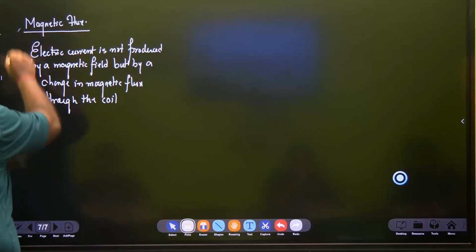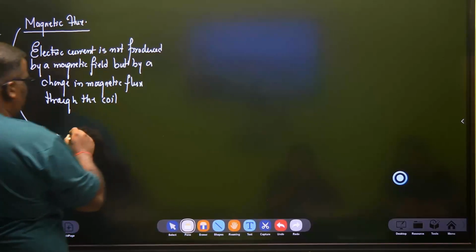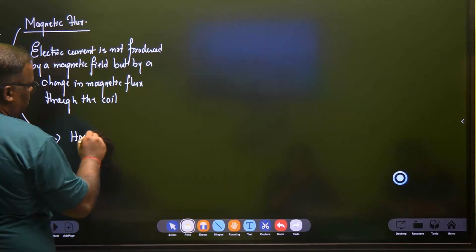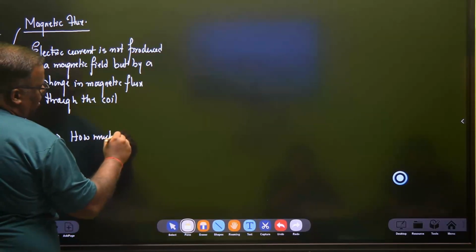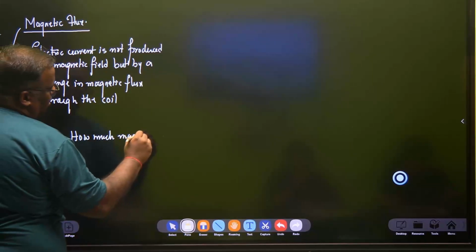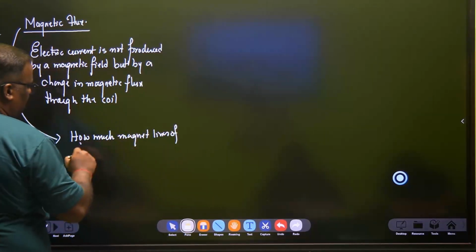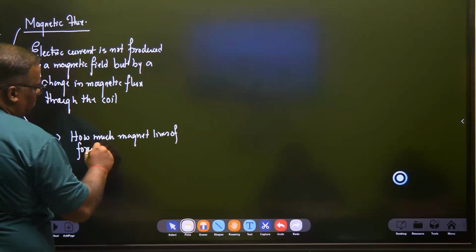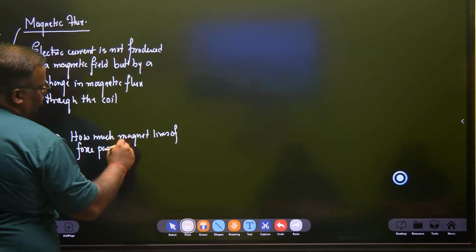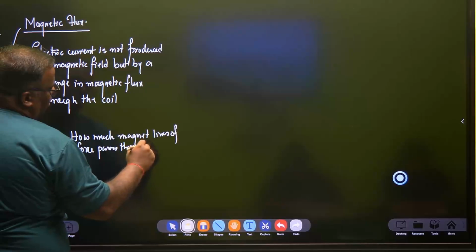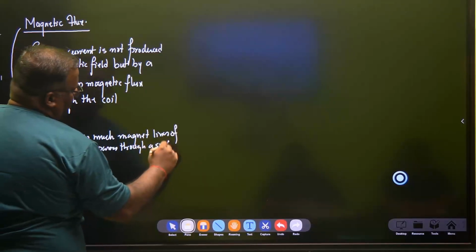in broad sense, magnetic flux tells you how much magnetic lines of force or magnetic field lines pass through a surface.